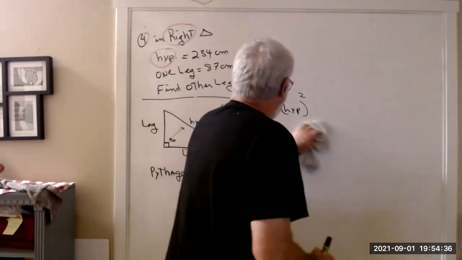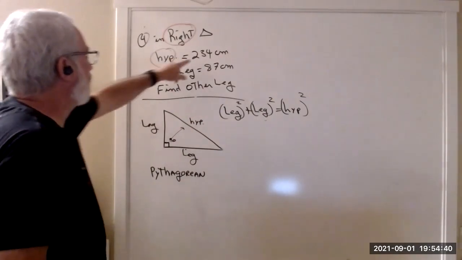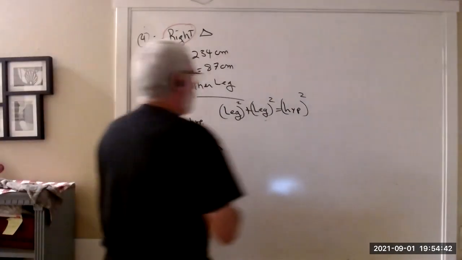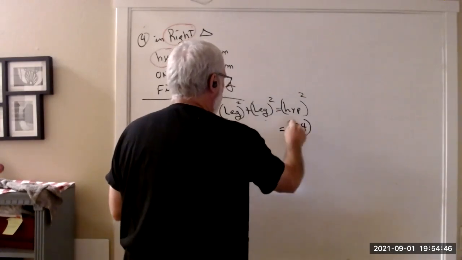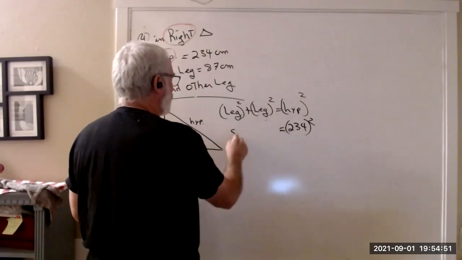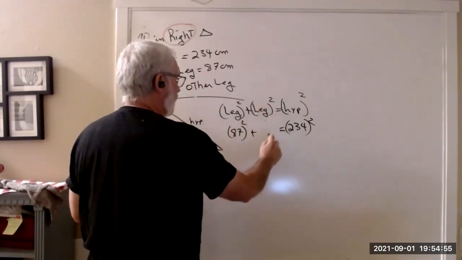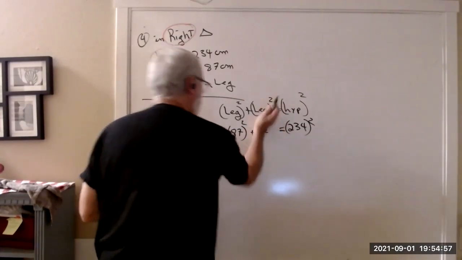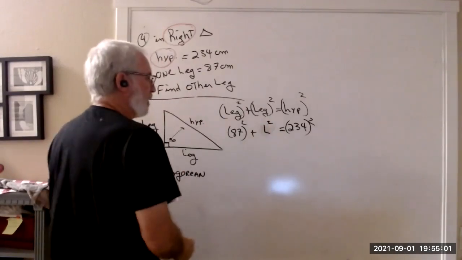Anyway, in this problem, it says hypotenuse is 234. So we do 234 squared, and it equals one of the legs, it doesn't matter which one, 87 squared, plus this other leg squared, which I'll abbreviate as L squared for leg squared.